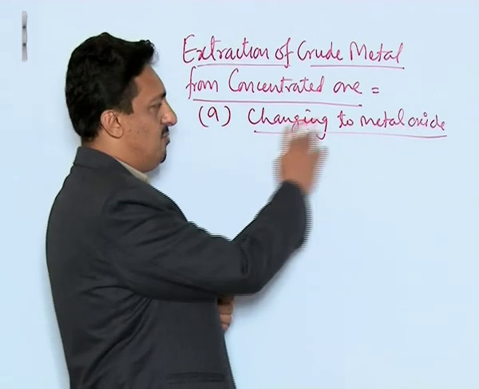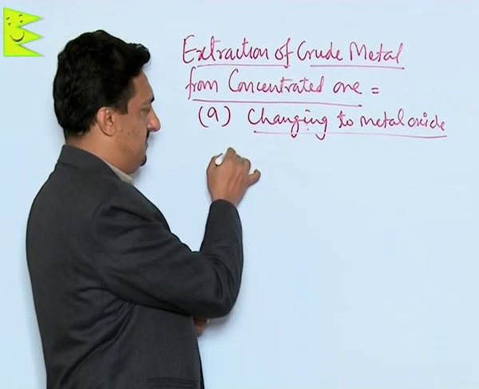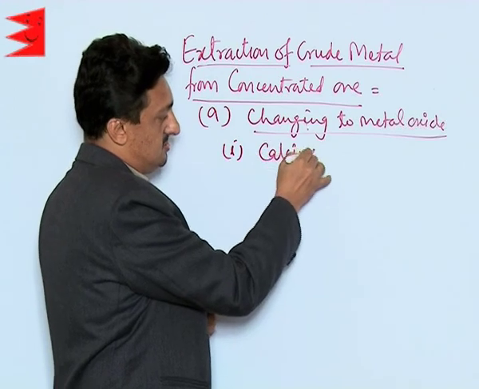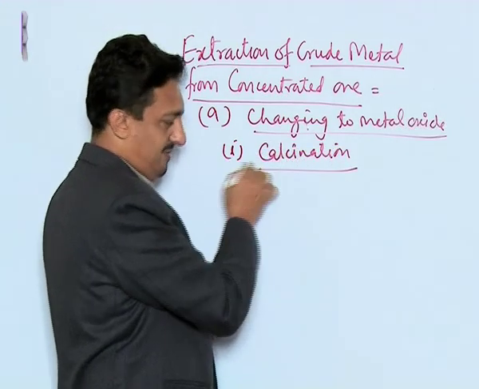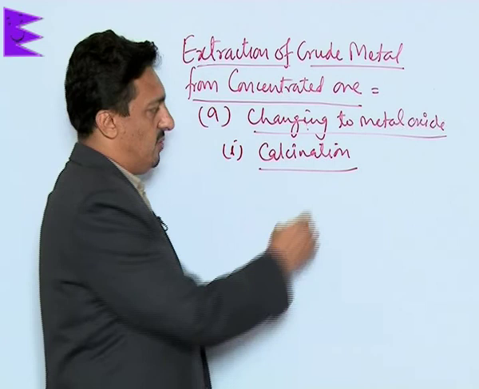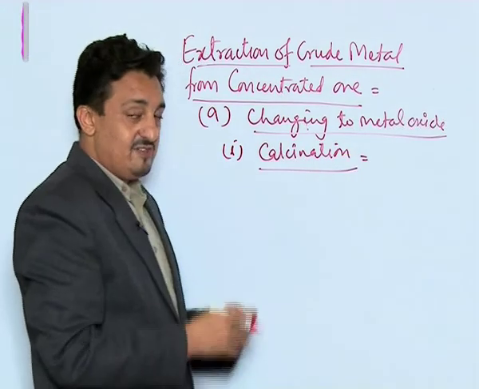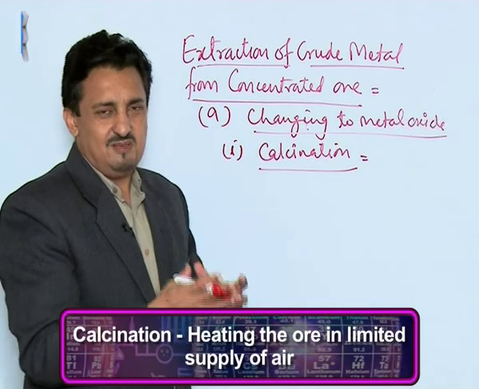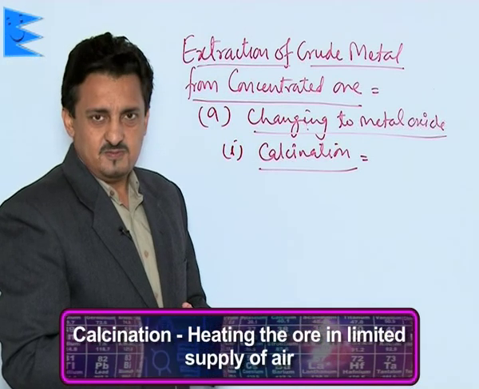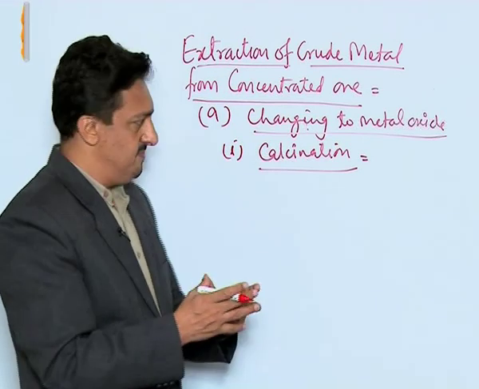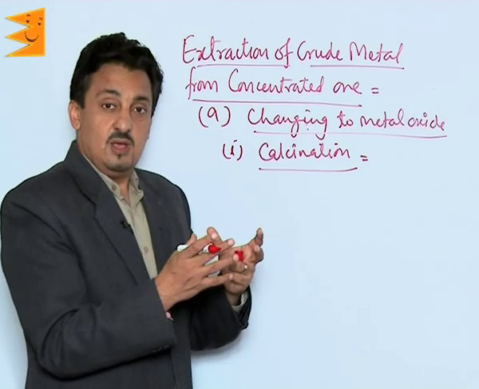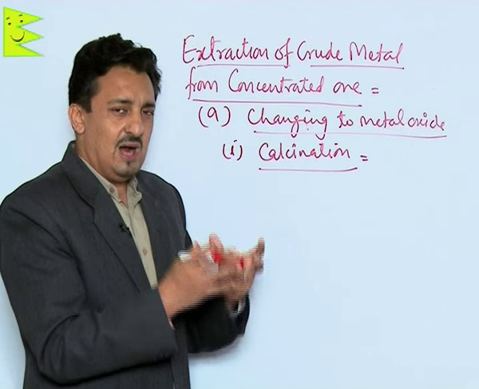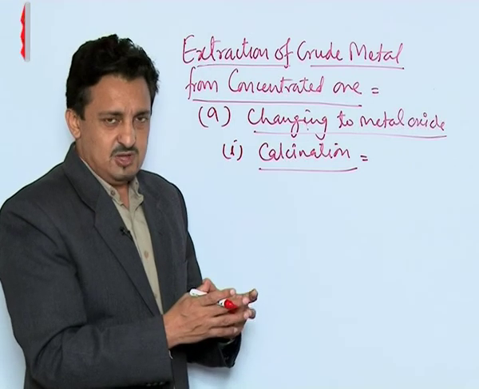Changing to metal oxides involves two processes, either calcination or roasting. Let us first understand calcination. Calcination is heating the ore in the absence or in a limited supply of air or oxygen. It is mainly done for oxide, hydrated oxide, carbonate and bicarbonate ores.